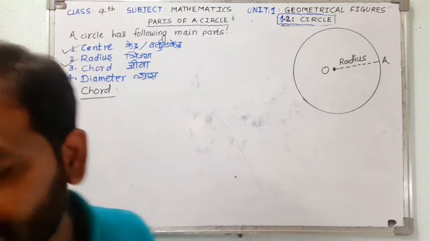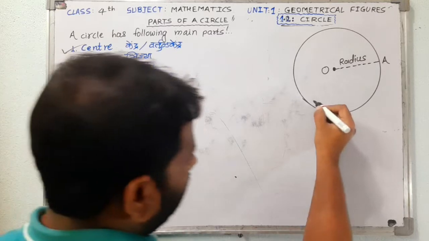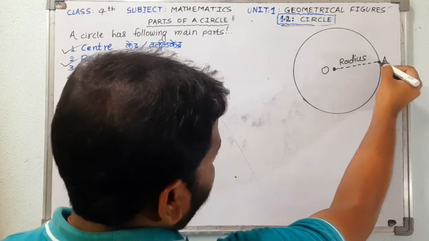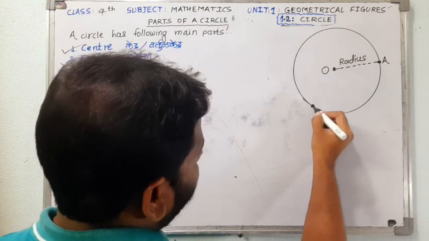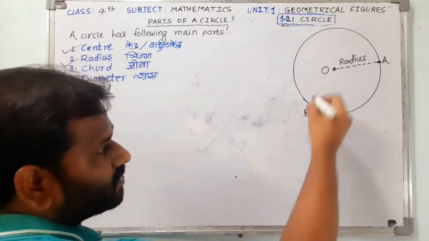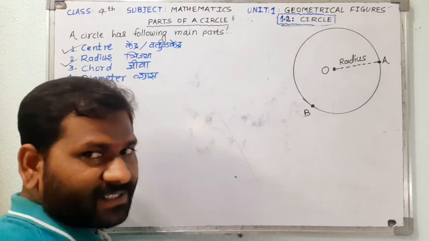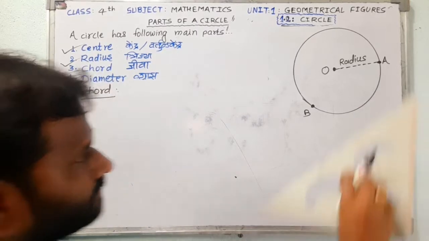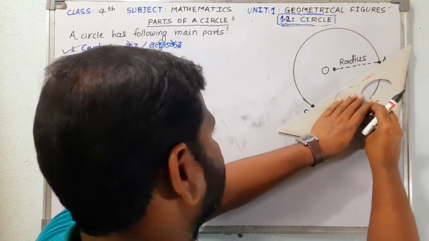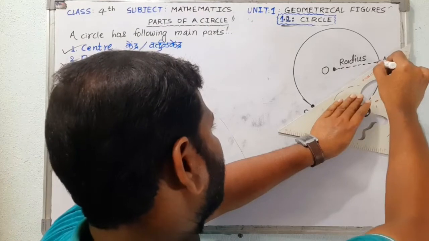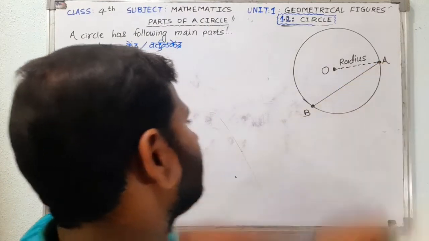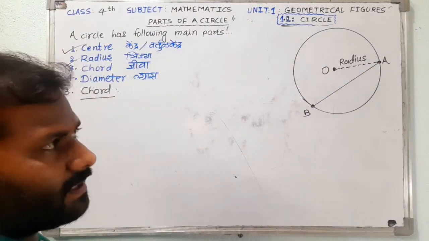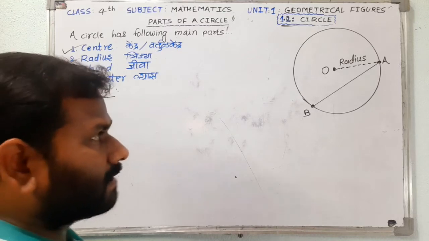The line that joins. Okay, look at the board here. So this point is A. Okay, and now this point is B. Suppose without joining point B with the center, if I join the point B with A like this. Okay. So what will happen? If I join these 2 points, the segment AB becomes.